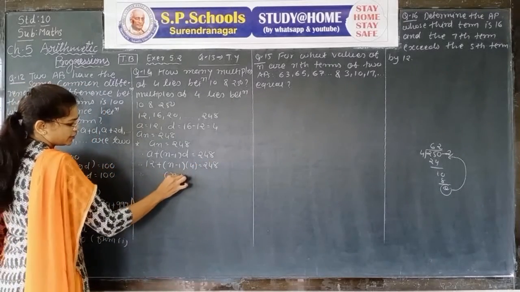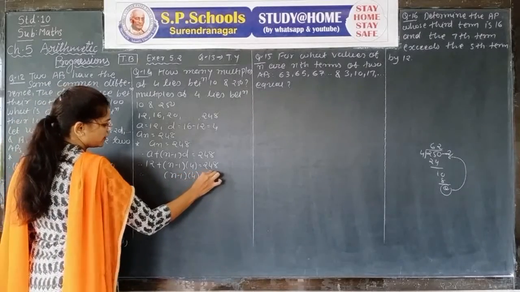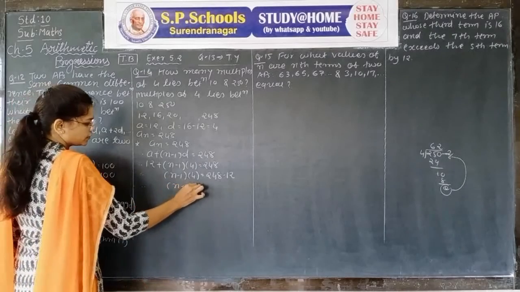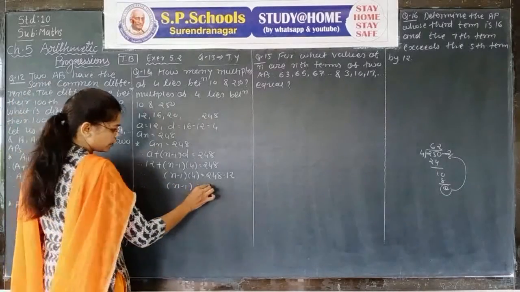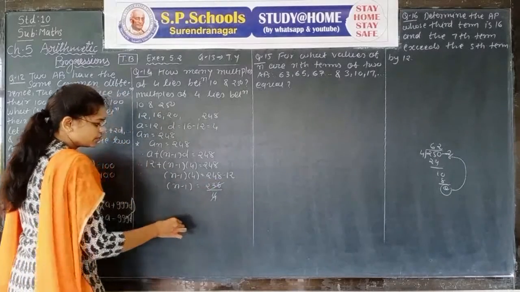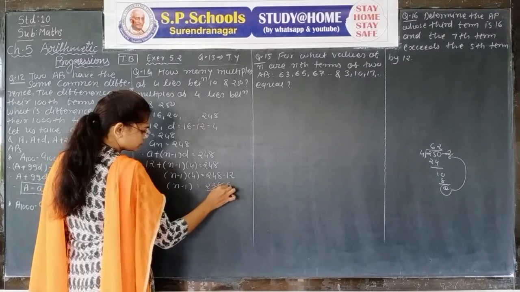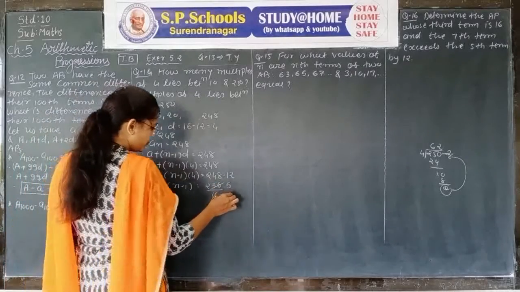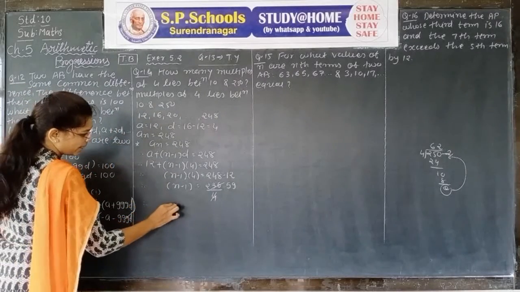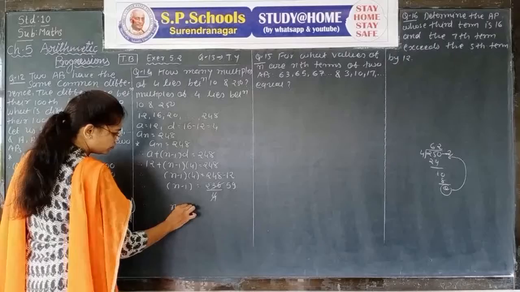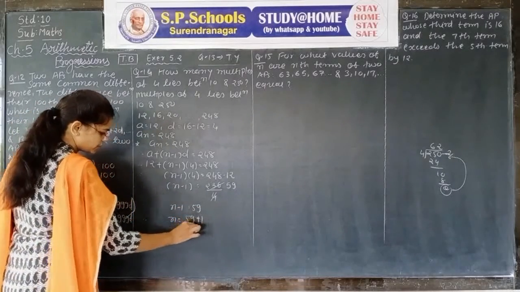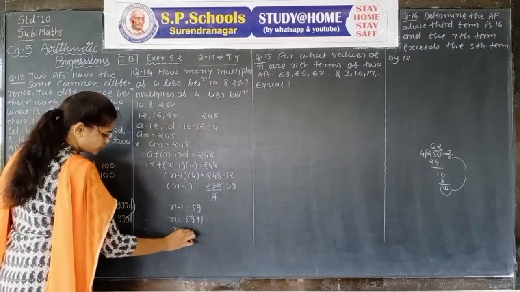Making n minus 1 into 4 the subject, we get 248 minus 12. That's why n minus 1 is equal to 236 upon 4, which is 59. So n minus 1 is equal to 59. That's why n is equal to 59 plus 1, so n is equal to 60.